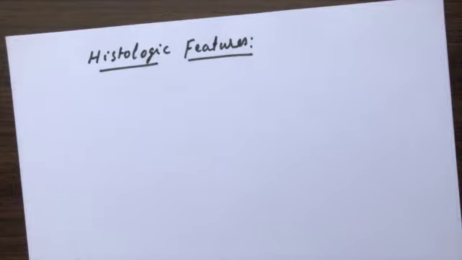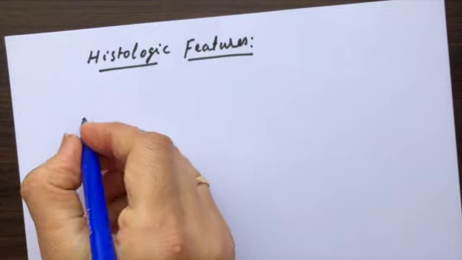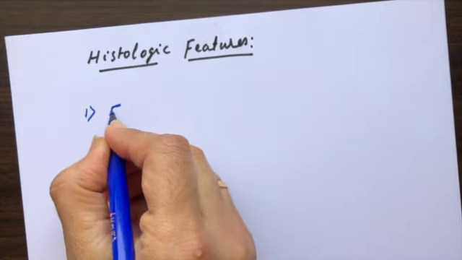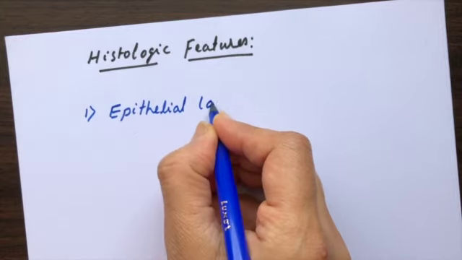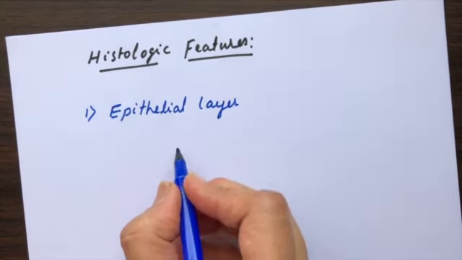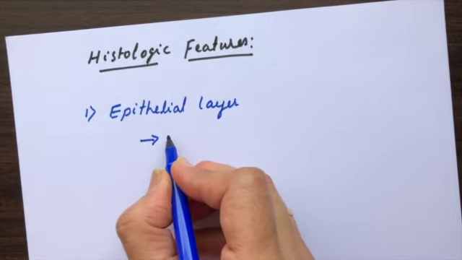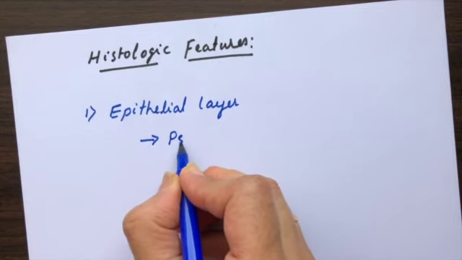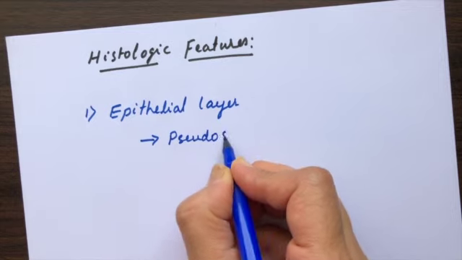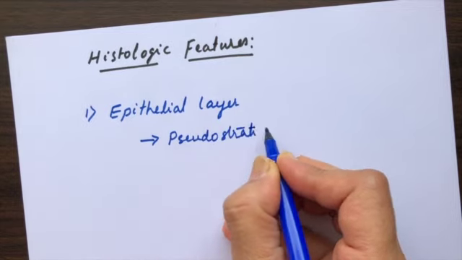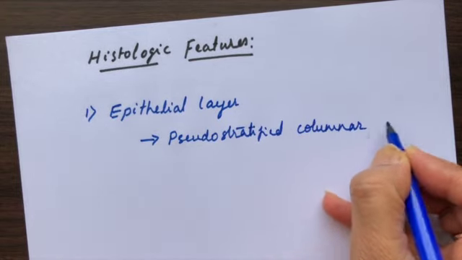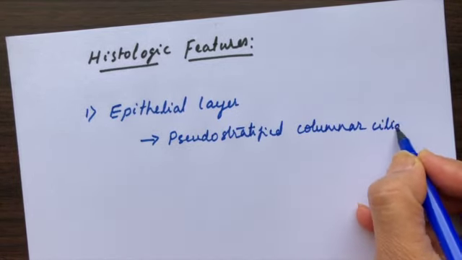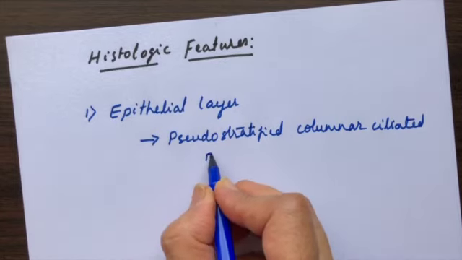Histologically, there are three layers in the maxillary sinus. The first layer is the epithelial layer, which is made up mostly of pseudostratified columnar ciliated epithelium.